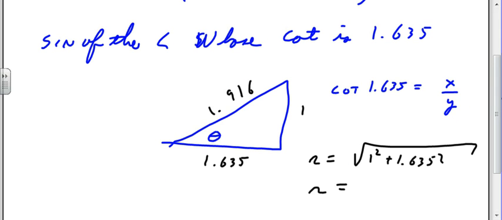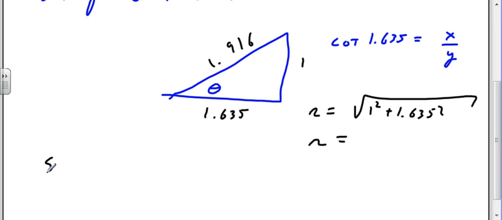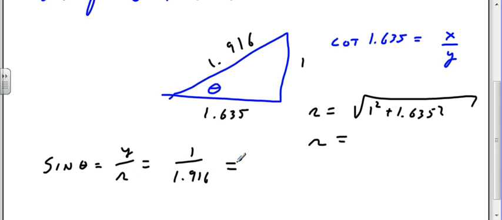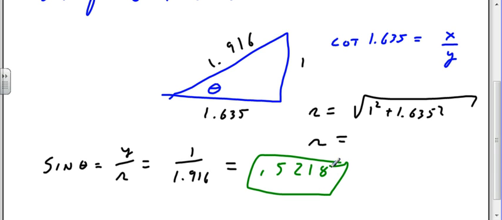And then the sine of theta, which I'm looking for, is going to be the y component over the hypotenuse, 1 divided by 1.916. So I'm going to take 1 divided by the answer already in my calculator, and I'm going to find my final answer is 0.5218. Okay?